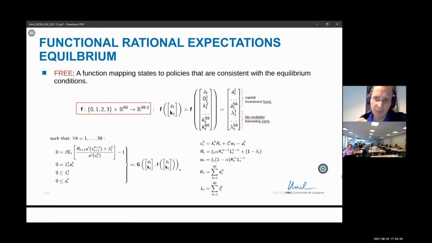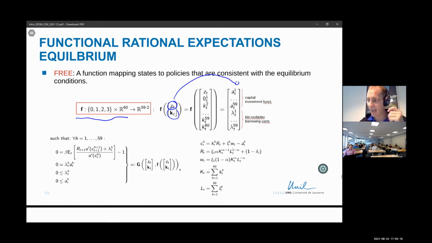What we're looking for are the policy functions, or particularly a functional rational expectations equilibrium according to the definition of Spear 1988, I believe. So we're looking for a function that maps the state, which is the shock and K, the capital holdings, into the policies.